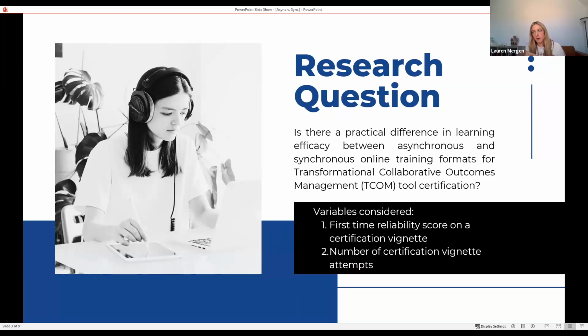There are other variables we could have looked at, things like perception of learning and motivation for learning, all that fun stuff. But for the purpose of the study, we really just wanted to know, is there a connection between the type of training that a person attends and their certification score?